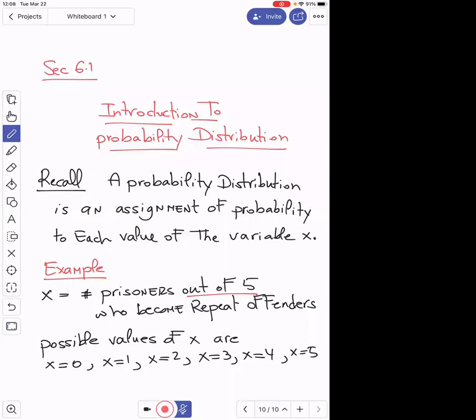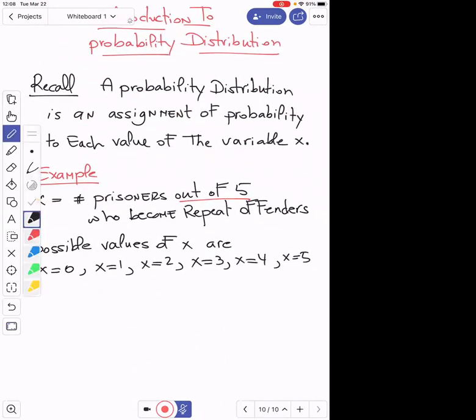So x can take 6 different possible values, and because x has a finite number of values, we call x a discrete variable.